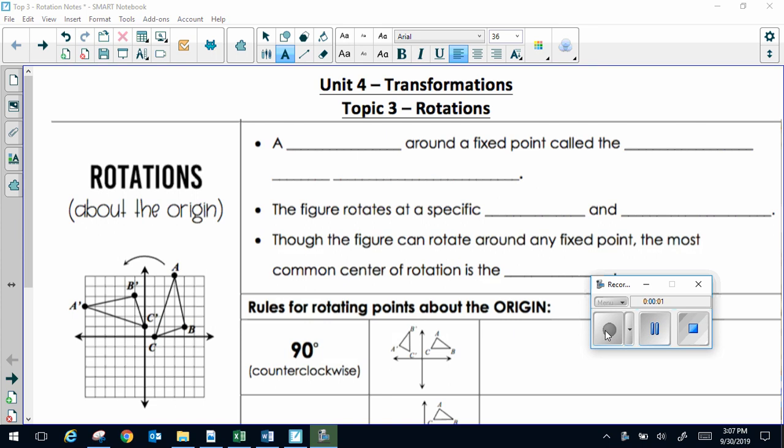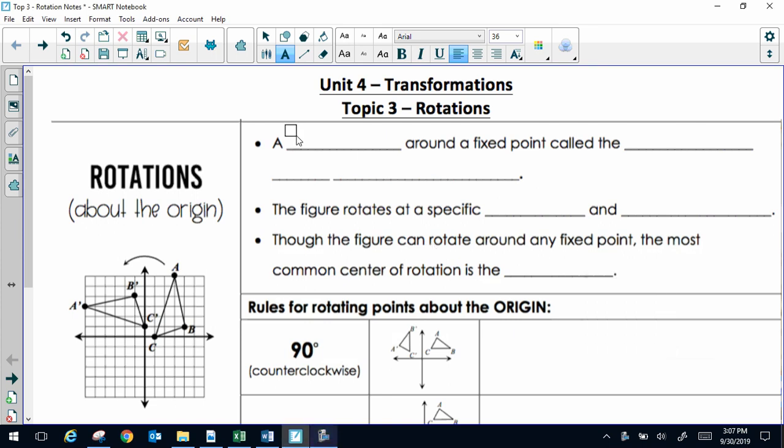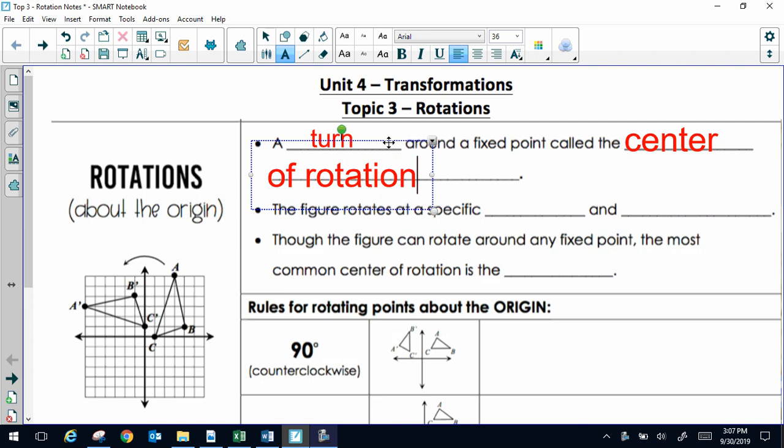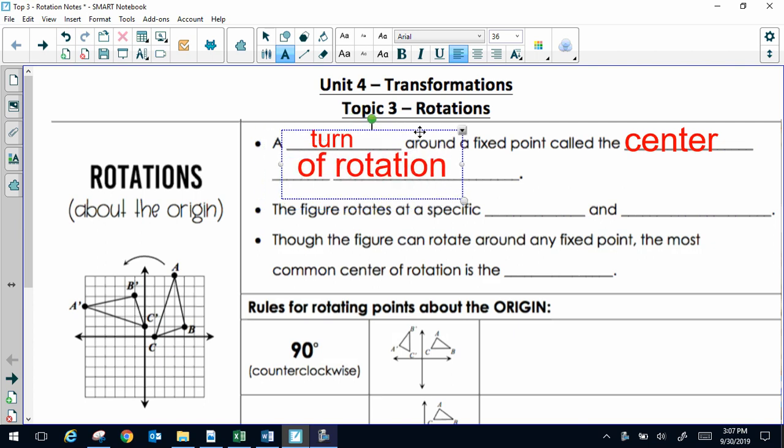Today we're going to talk about rotations, and a rotation is simply a turn around a fixed point called the center of rotation. Okay, so the center of rotation.